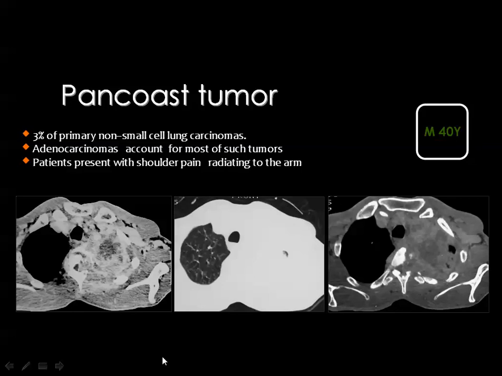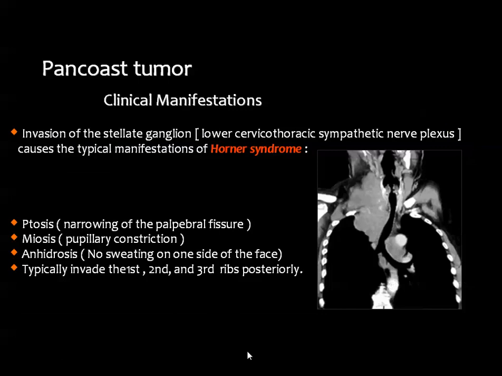CT scan is unable to provide this information, but it can certainly help in the diagnosis of Pancoast tumor. As you can see, a mass in the apex of the lung destroying the adjacent ribs as well as the vertebral body with intraspinal extension, as you can see here, compressing the spinal cord.